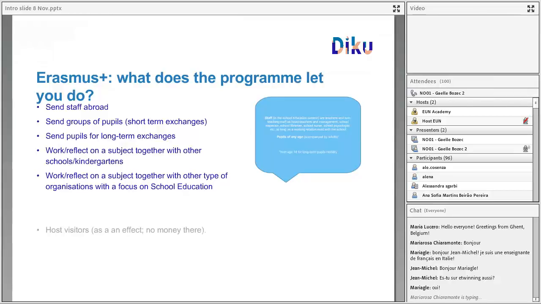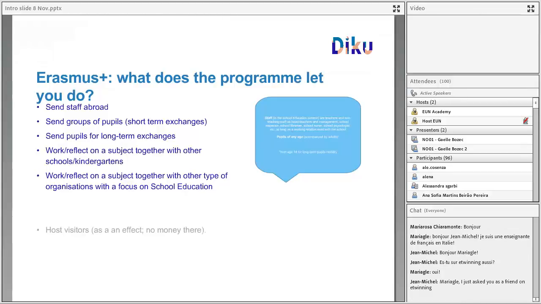So in the blue box this time, I have put the definition of what staff is, because we are always talking about staff abroad, staff in school education. But staff in the school setting in Erasmus Plus is not only teachers, it's everybody that works in a school. So it's teaching staff, but it's as well non-teaching staff.